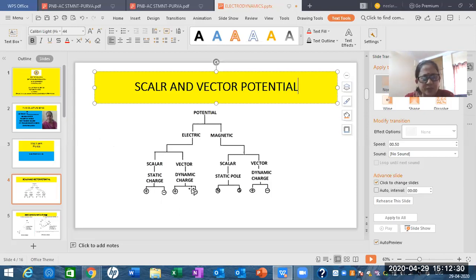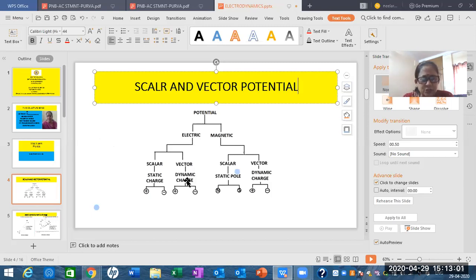So if you come to the vector type, then you can see here a vector potential. Here we are in the hierarchy, electric vector, of course, electric potential, and I am talking about vector electric potential. Vector is something which has got magnitude as well as direction. Fine. Vector has direction, meaning it can change its direction.